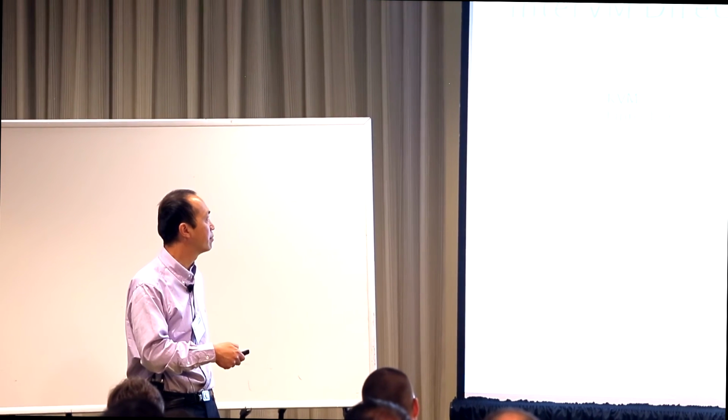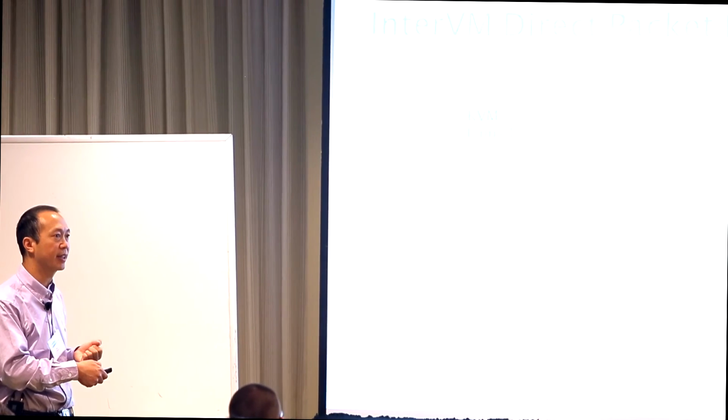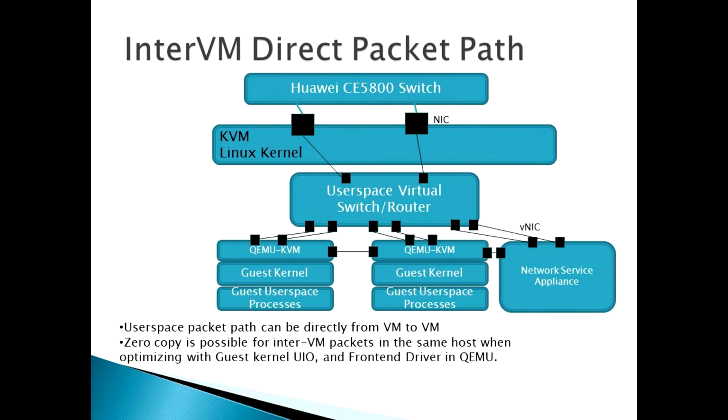Because the VM might use a different type of packet structure. For example, here they might expect a K buffer, here they expect something else. This one might be from the Linux domain, might be from another vendor. So they have their own way to do it.